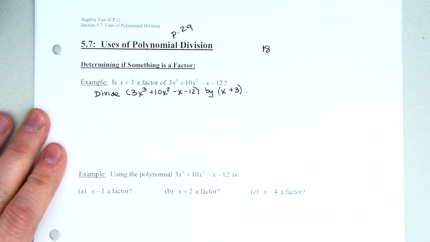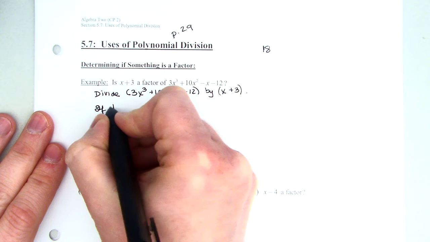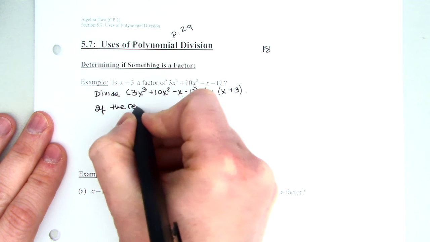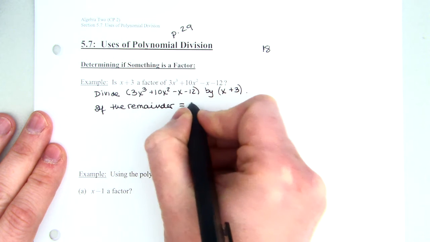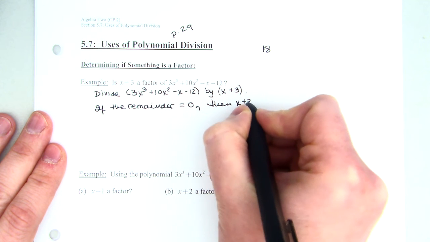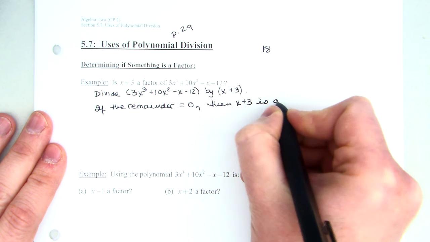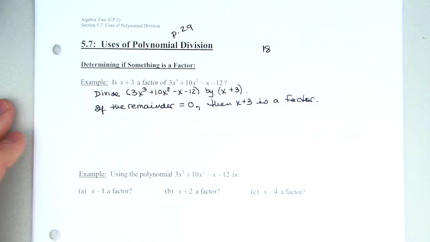If it divides in evenly, that means the remainder is 0, and in that case, x plus 3 would be a factor. If the remainder equals 0, then x plus 3 is a factor. So all I have to do is some division, and then I'll look at my remainder.